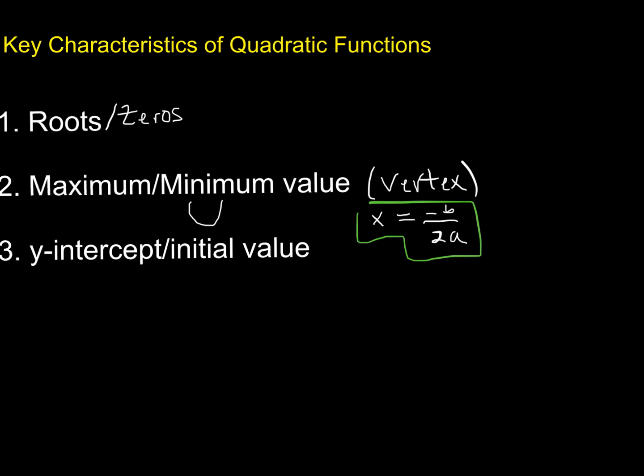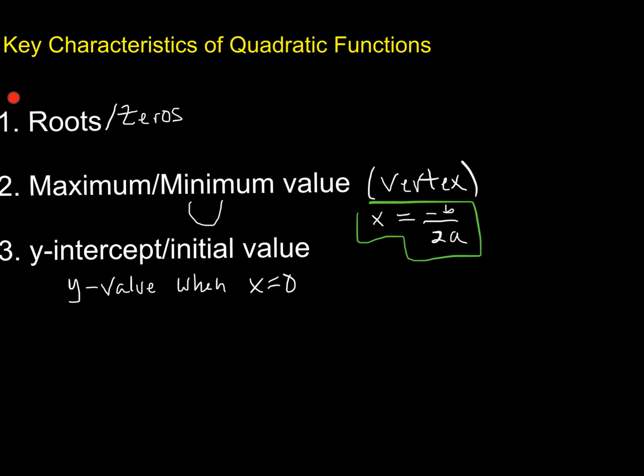And the third is the y-intercept or initial value, and we should remember this, right? This is the y value when the x value equals 0. So, in fact, we can graph a quadratic function by finding these three things in order.